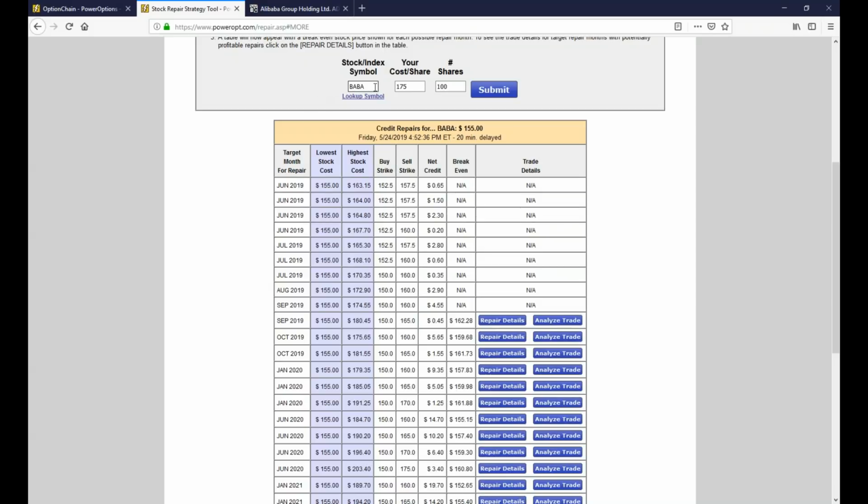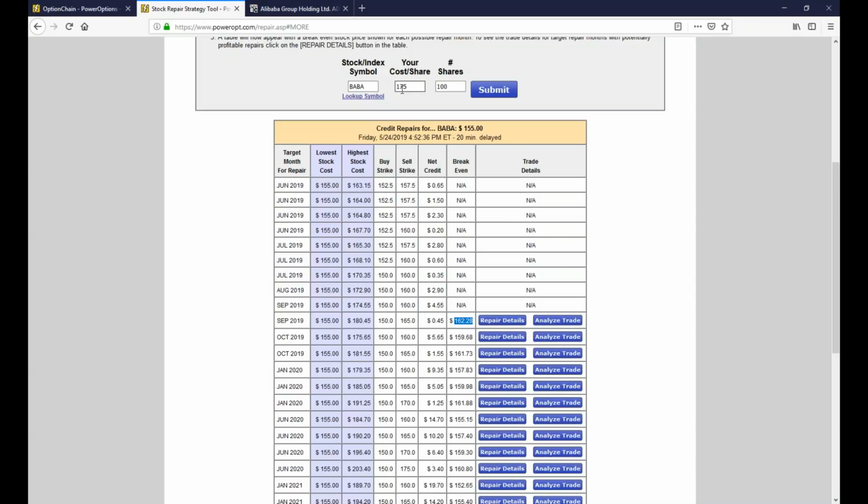In this current situation with BABA, I just put in 175 as an example, but we see that there are no credit repairs that can be identified for June or July, August, or September. I'm sorry, the first one comes in at September, where I could buy a 150 call for September, sell two 165s for a 45-cent net credit, and this puts my break even at 162.28 from 175.